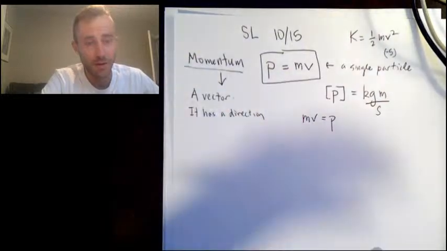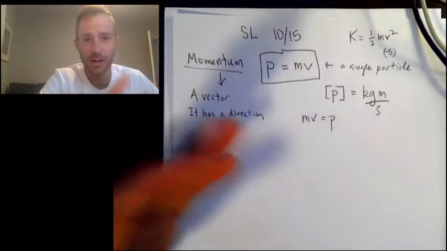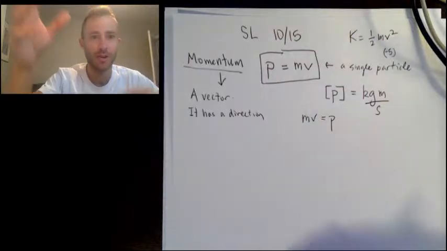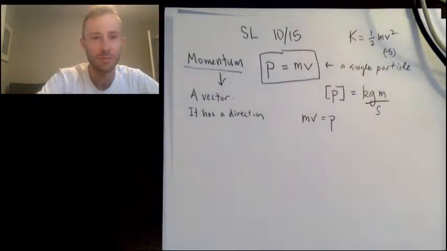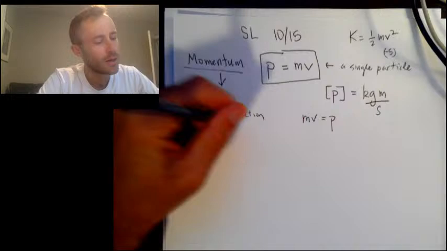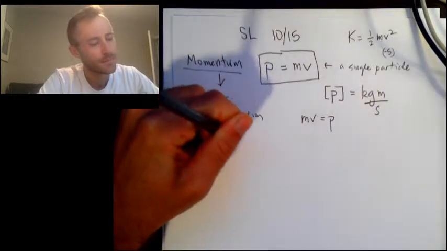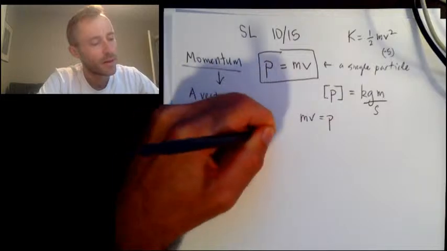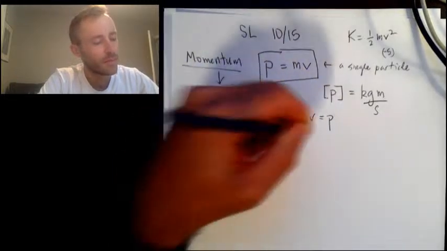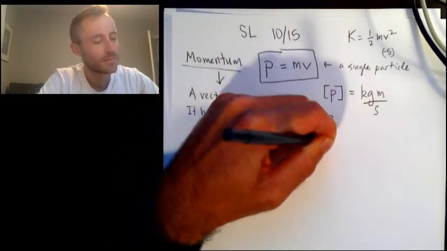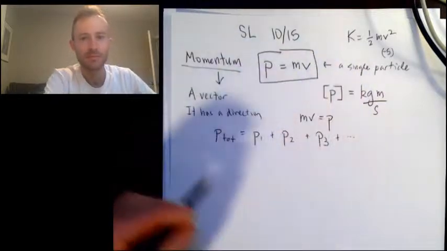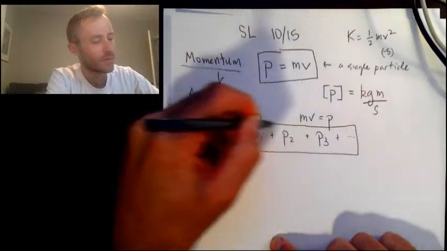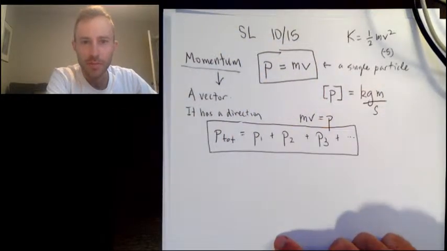If you have multiple things moving around, for example, the solar system has different planets that all have different velocities and different masses, then the total momentum is simply the sum of the individual momenta. So we add them together.